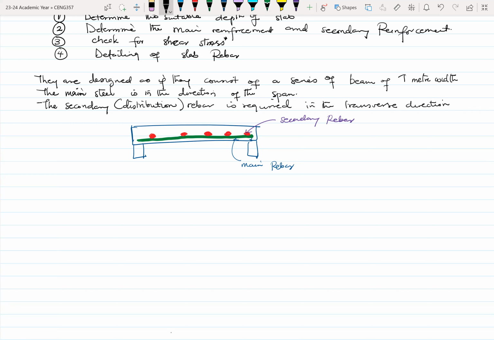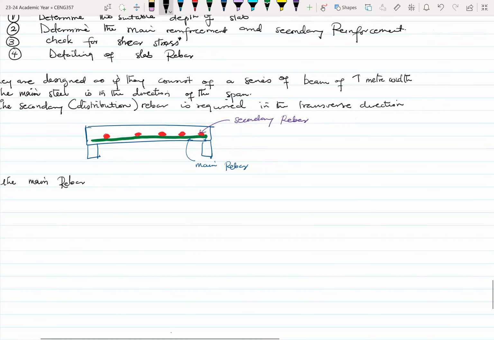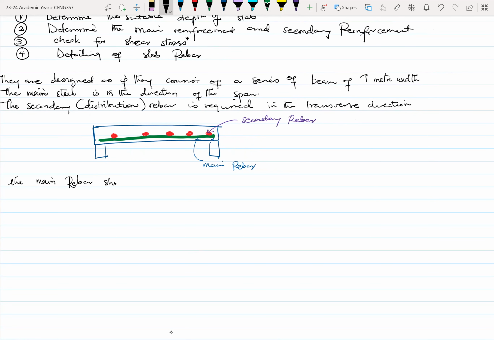The main rebar is always closest to the bottom or closest to the top, and the reason is because we want to give it the maximum lever arm. So let me put that over here. The main rebar should form the outer layer of reinforcements.